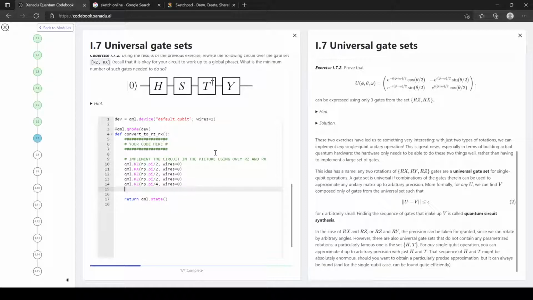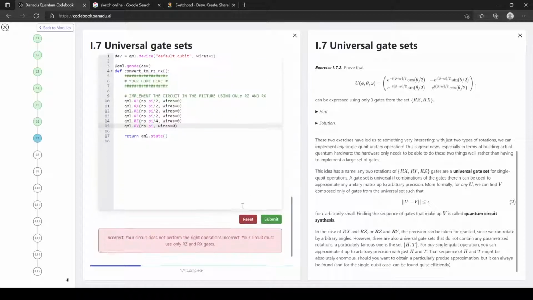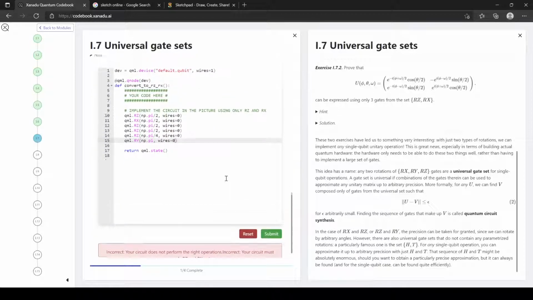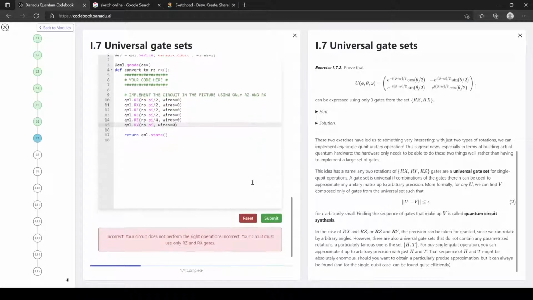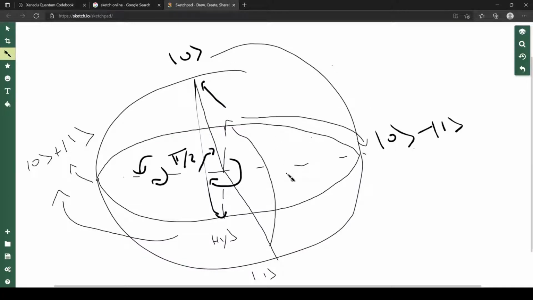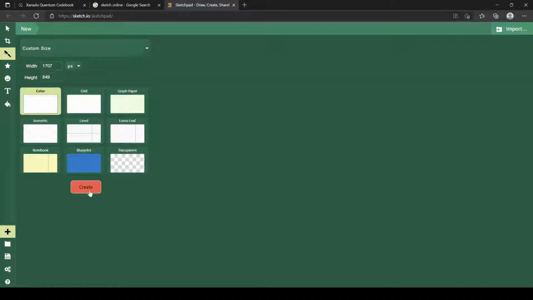And then the Y gate is pi. All right, what are the odds that this is right? Oh, I have to decompose RY into RZ, and I have to decompose a Y gate, so that's a complete rotation around the Y axis. So maybe I should just get a new one.